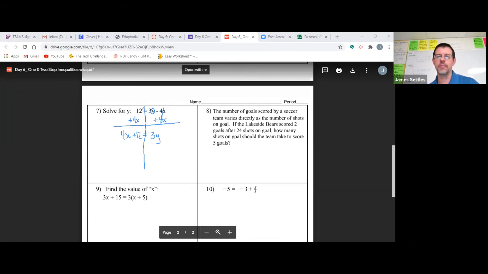We can never combine these, and we always write the x up front. So that's our first step. Second step is always divide by the number in front of y. Just to speed stuff up, if we type this in Desmos it would give us a decimal, so we're just going to keep it 4 over 3x, plus 4, is equal to y.